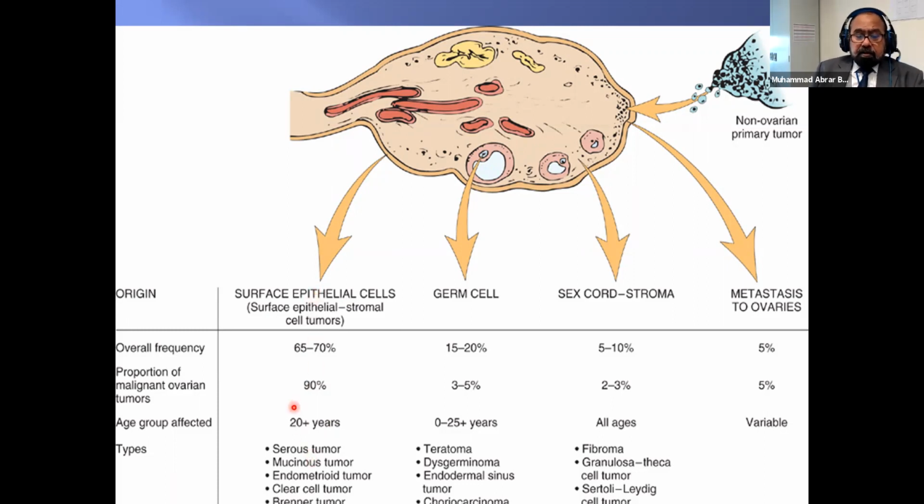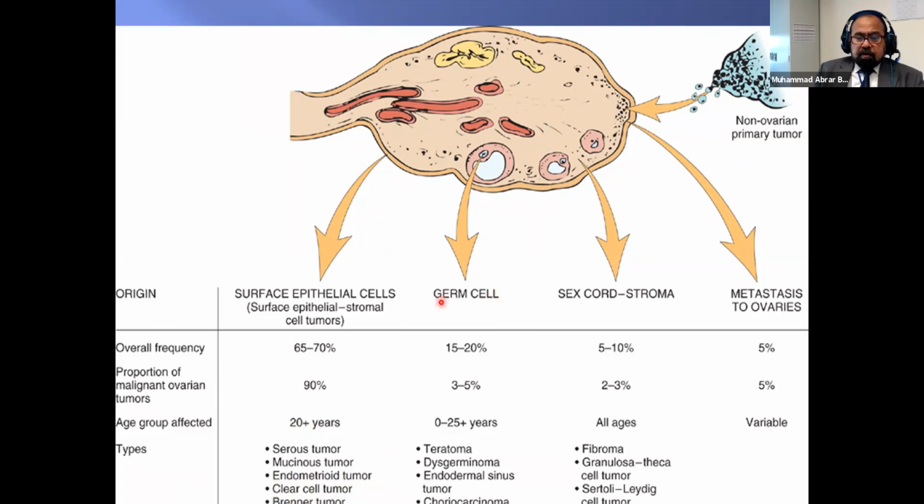Now the age which affects the surface epithelium is 20 plus. It has been seen that before that, surface epithelial tumors do not arise. The main tumors are serous tumors, mucinous tumors, endometrioid tumor, clear cell tumor, and Brenner's tumor.